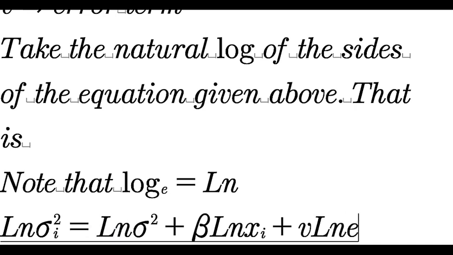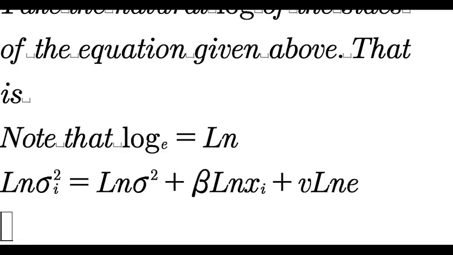Okay. Now, since we said that the log to the base e is equal to ln, at this point, from the right hand side, the v ln e, the ln e itself is unity, it's 1. Yes, because log of e to base e is equal to unity.